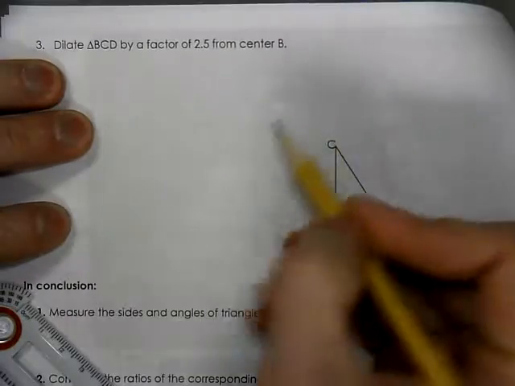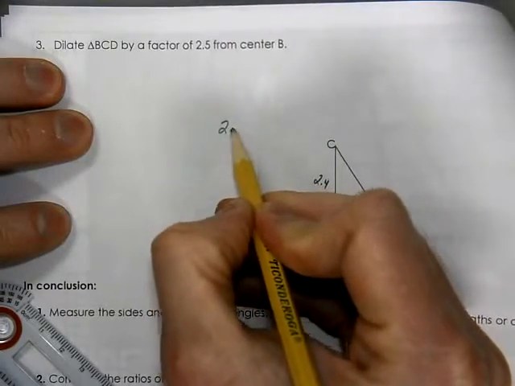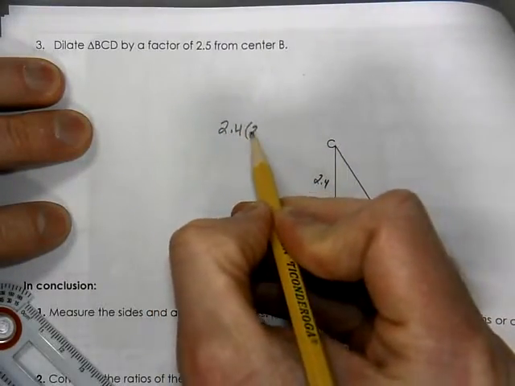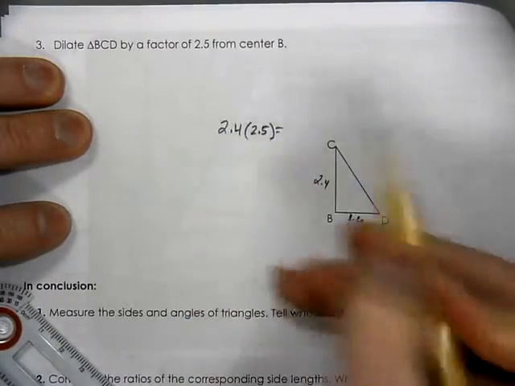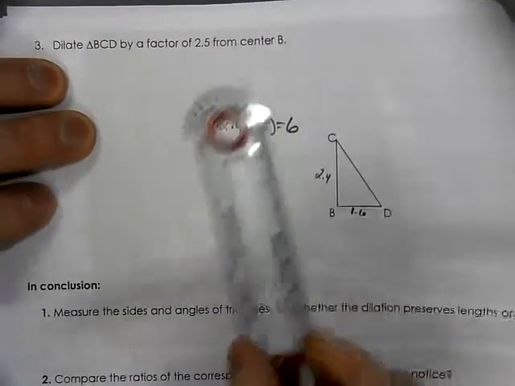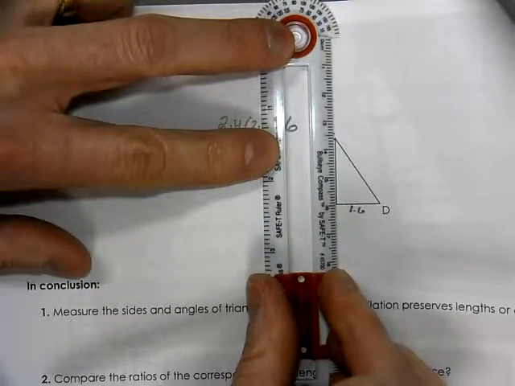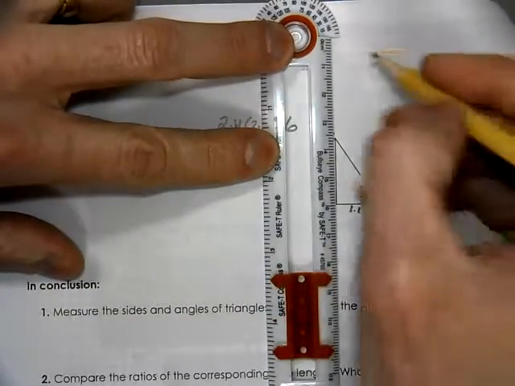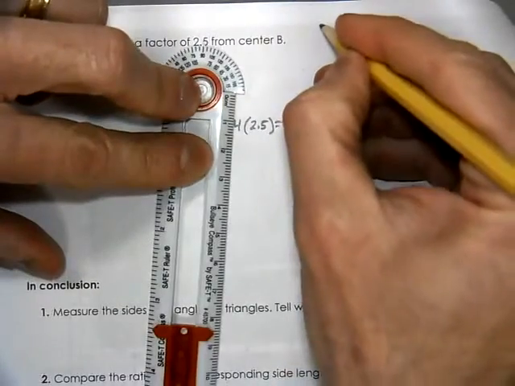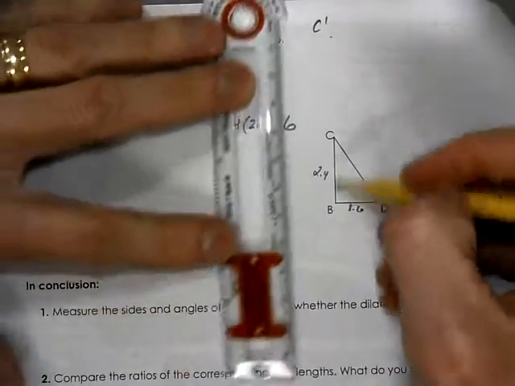So if we take 2.4 and multiply that by 2.5, we're going to get a value of 6. So we know that C is going to be extended out to become C prime way out here at 6.